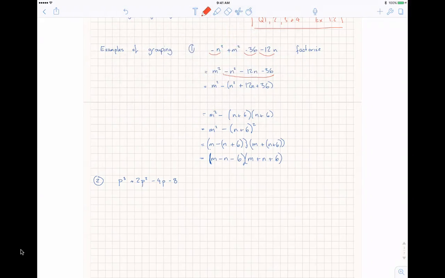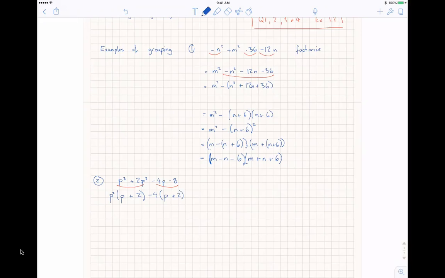So we'll have a look at the first two terms and the second two terms. From the first two terms, we can take out p squared as a common factor, so that we're left with p and 2. From the third and fourth terms, we can take out minus 4, so that we're left with p plus 2.